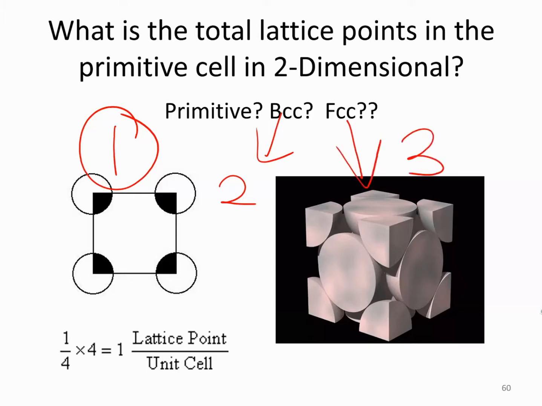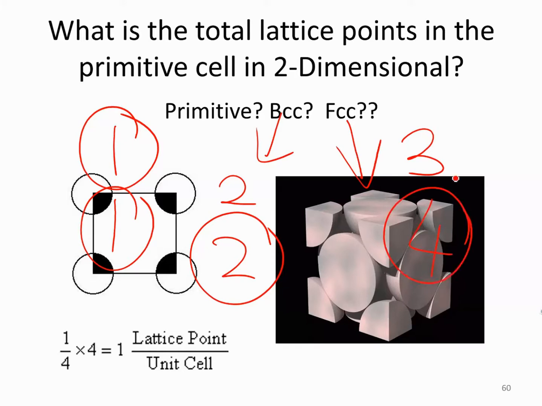And then in 3D, primitive, 1, BCC, 2, face-centered cubic FCC, 4. Okay, 2D and 3D may have different numbers of total lattice points.